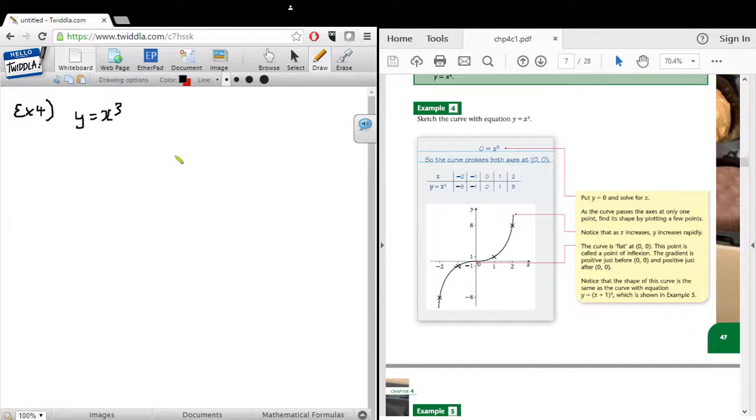The first thing they want to do is appreciate where it crosses on the x-axis. If y is equal to 0, then x is going to be equal to 0. So it crosses at the origin.